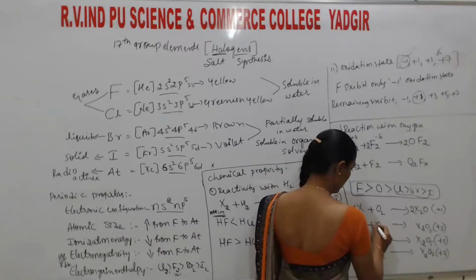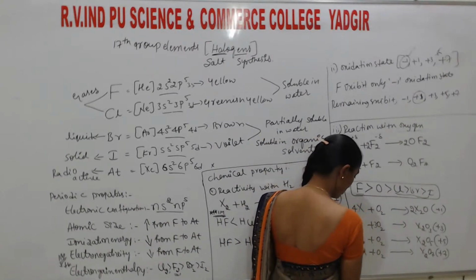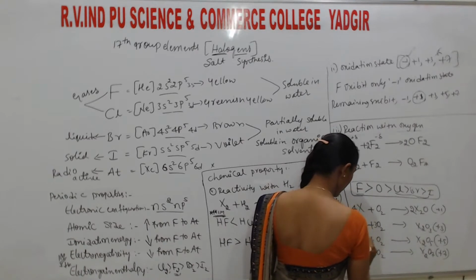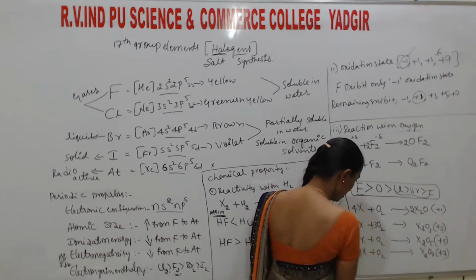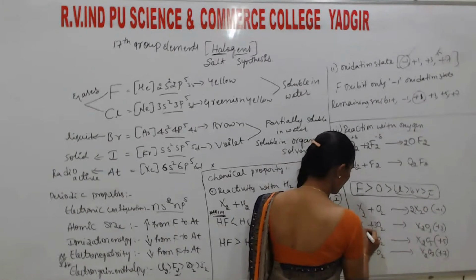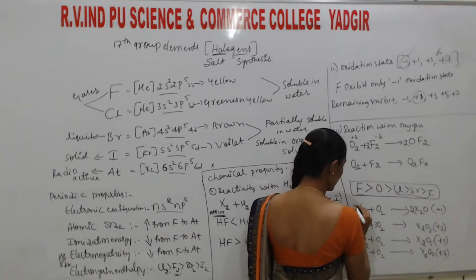So if X reacts with oxygen, students, here they cannot be X, they must be X2 because they are halogens.